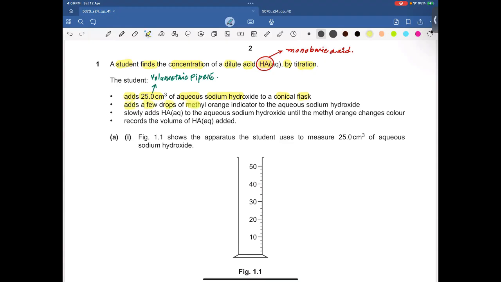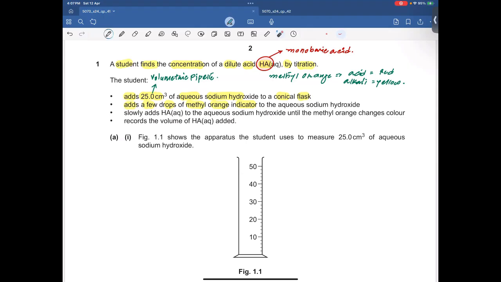Add a few drops of methyl orange indicator. Methyl orange in acid shows red color, and in alkali it shows yellow color. And in neutral solution, it shows orange color. All right.